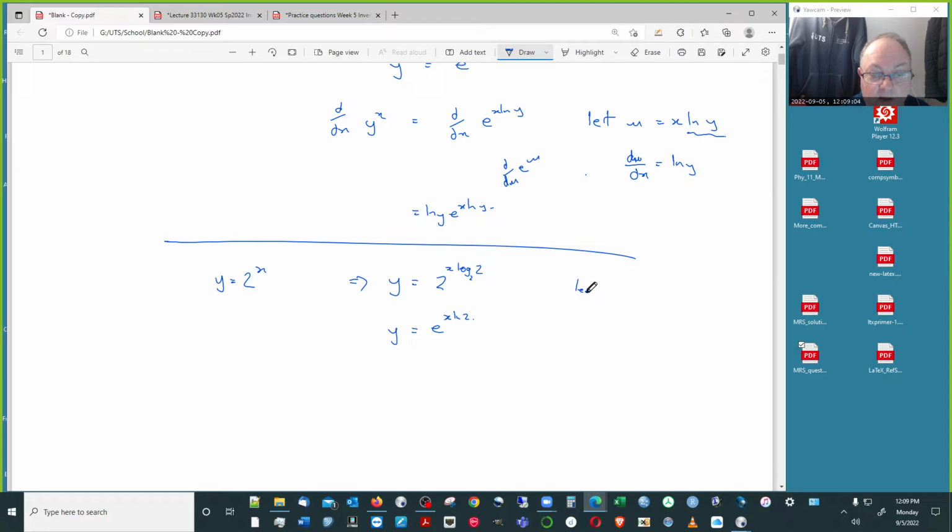Okay, so we can let u equals x ln 2, which is a constant. So du/dx is just ln 2, and the derivative of e to the u is just e to the u. So put them back together and we get dy/dx equals e to the x ln 2, but there's a ln 2 out the front.